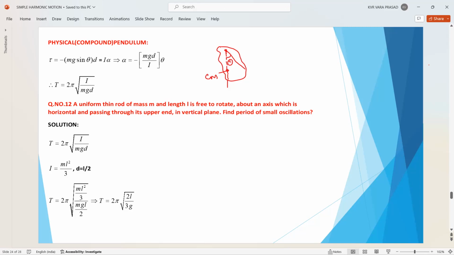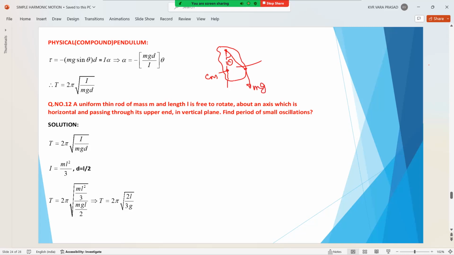Now see who provides the restoring torque. Here you can see the force acting on the center of mass, that is mg downwards.